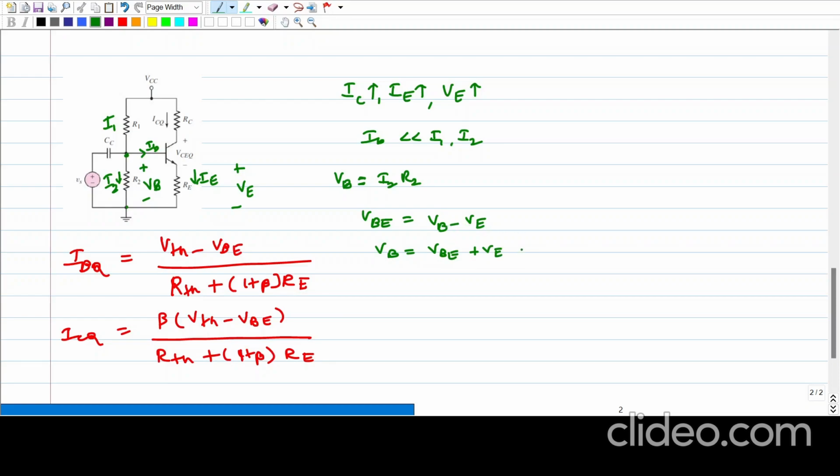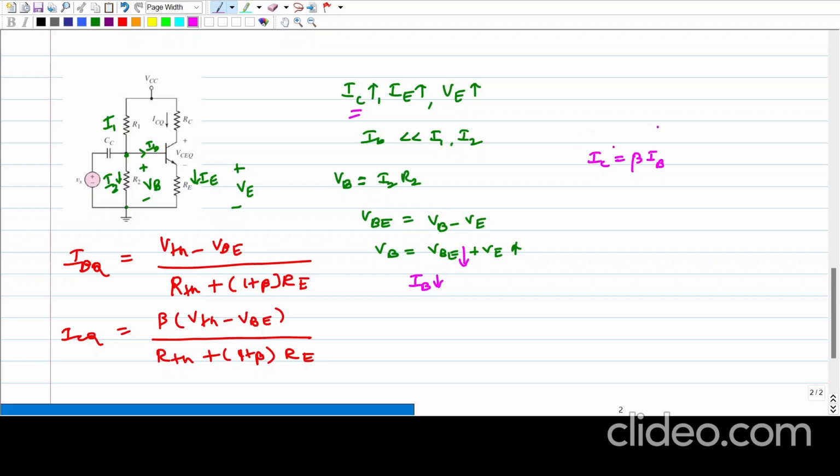Now what happens if VE increases? If VE increases, this VBE drops down. This VBE drops down, bringing VB also down and IB also down. So the increase in IC is now compensated by this decrease in IB. So IC equal to beta IB; if IB increases, IC will also increase. That is the initial problem.